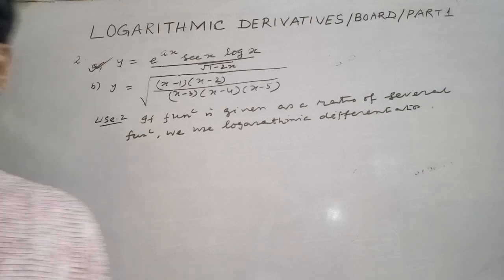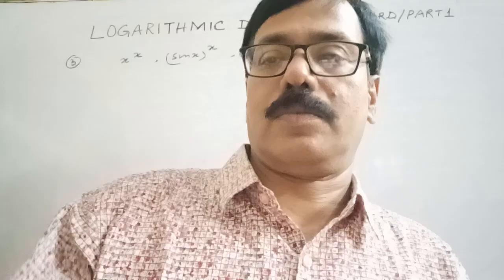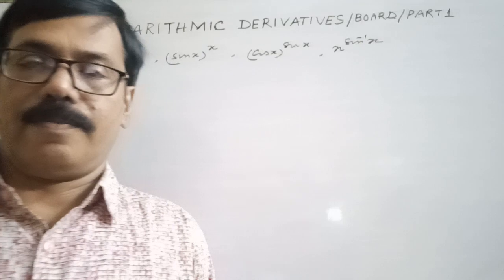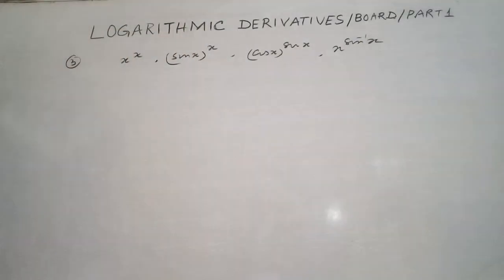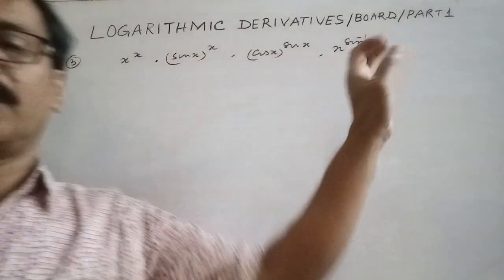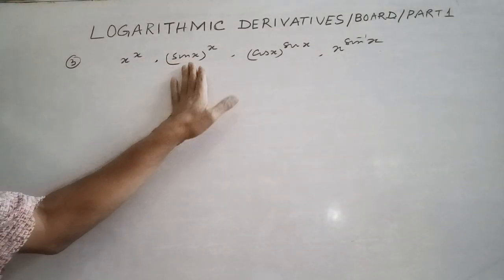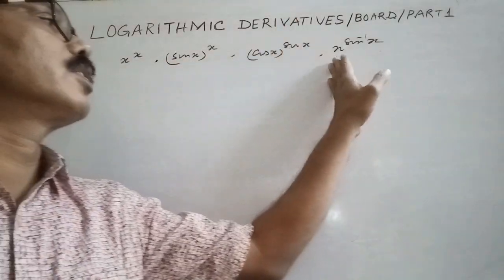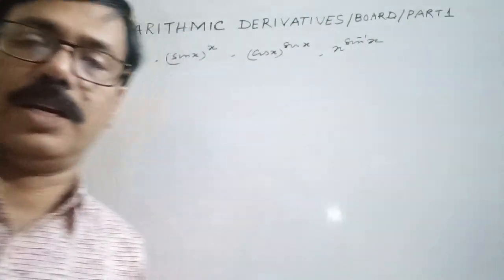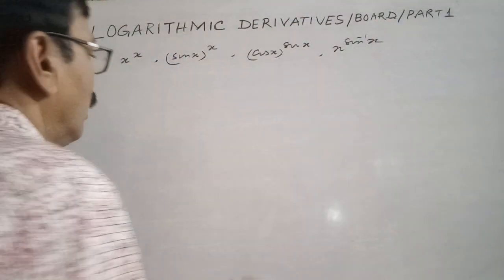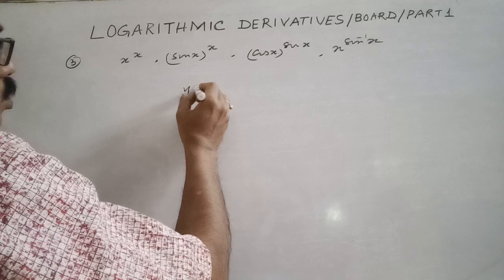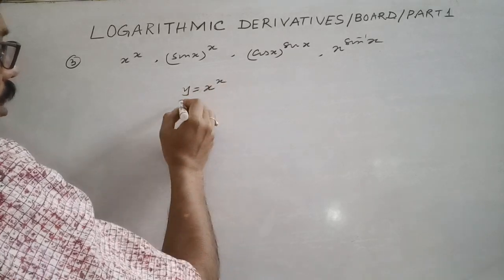Next, third use. Now we consider the following functions: x to the power x, sin x to the power x, cos x to the power sin x, x to the power sin inverse x. Now y equals x to the power x.